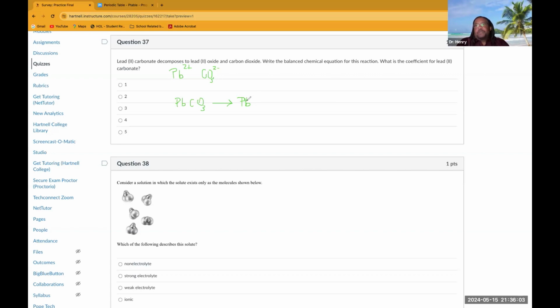Since it's lead 2, I just need 1, plus carbon dioxide, CO2. Is it balanced? Yeah. So then what is the coefficient in front of the lead 2 carbonate? Looks like 1. That is correct.